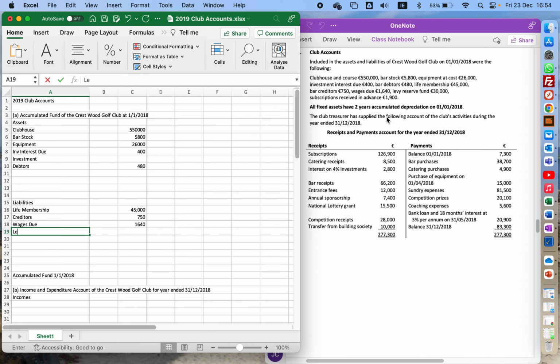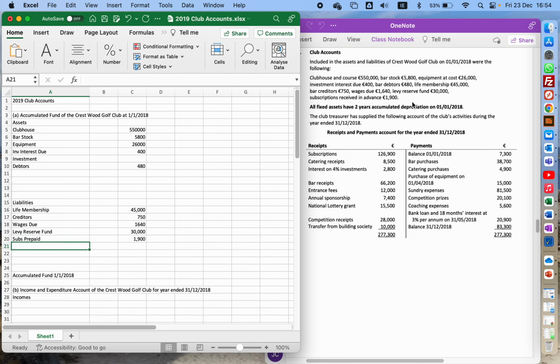Levy reserve. So that's 30. And subs prepaid, so that's subs paid in advance, so we owe that service back to our members. So that's a liability.